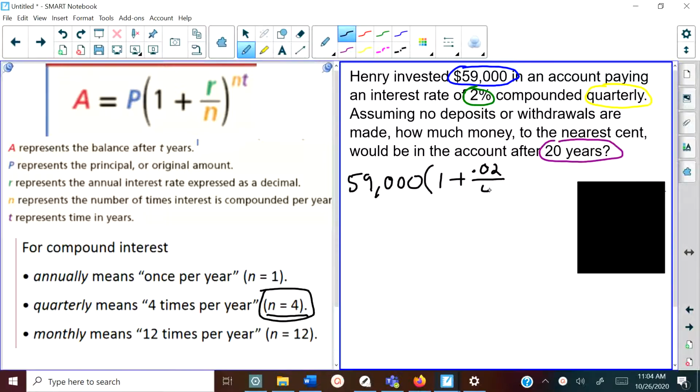So we put 4 there. Close parentheses. Go put 4 again for the other N, times 20 years. And then we just type that into the calculator.